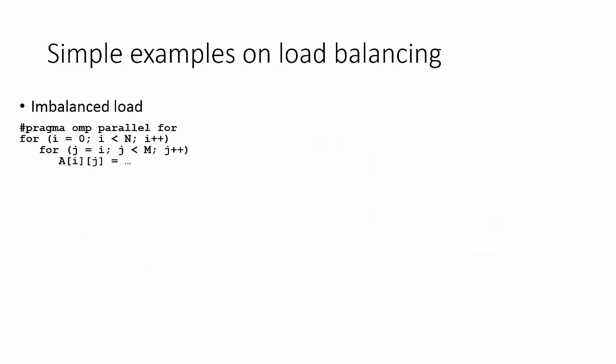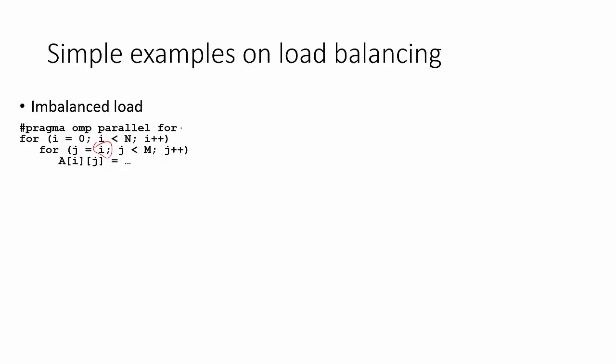So here are some examples of how you can do load balancing in code. Here is an example of imbalanced code. We have a for loop where the inner loop starts from the value i of the outer loop, which means that the first iterations of the outer loop will have many more inner loop iterations than the latter iterations.